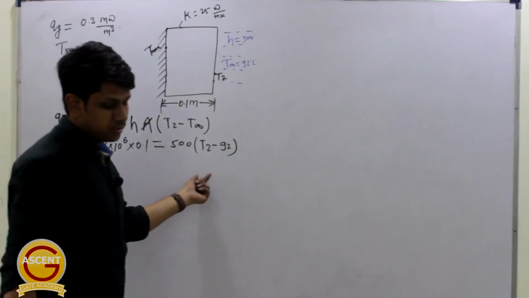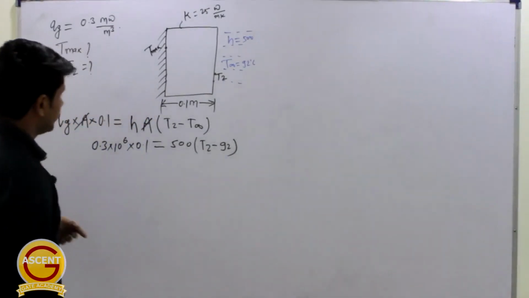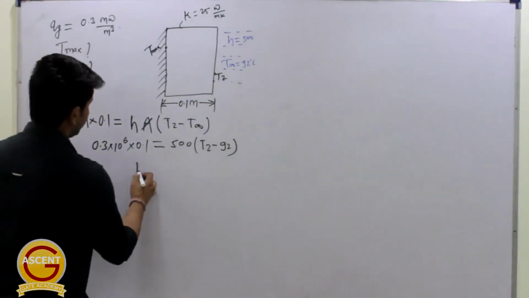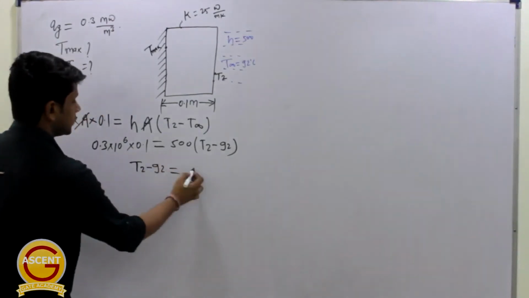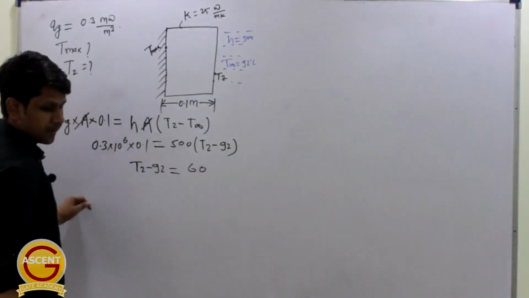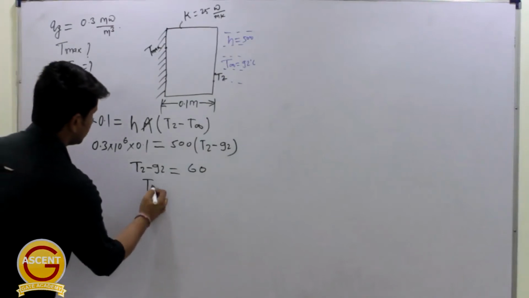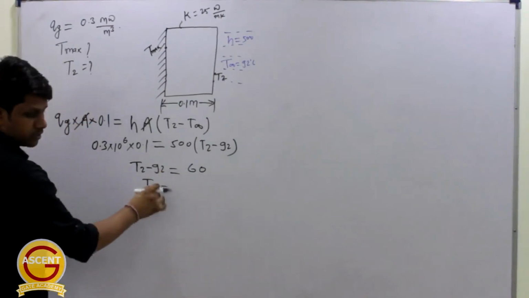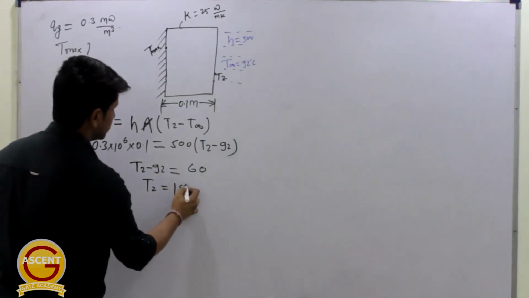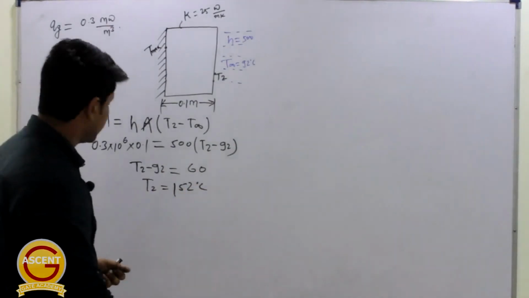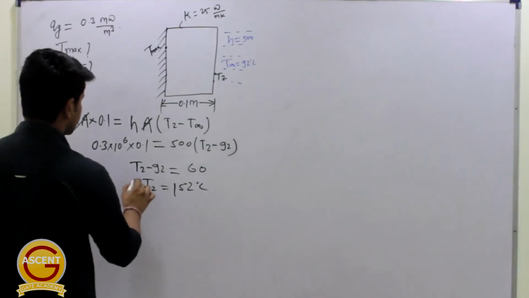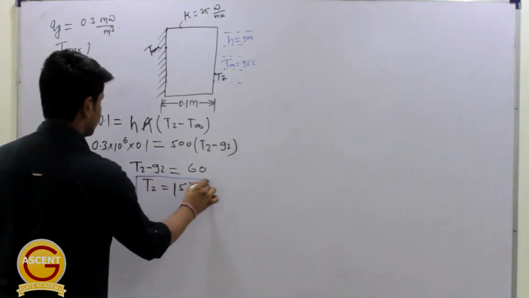So just T2 is the unknown here and you can calculate this. So you will get T2 minus 92 and this value you will get as 60, right? So T2 will be 60 plus 92, so it will be 152 degrees Celsius. Okay, so just by heat balance we have calculated this value of T2.